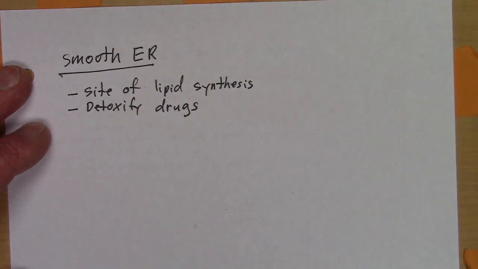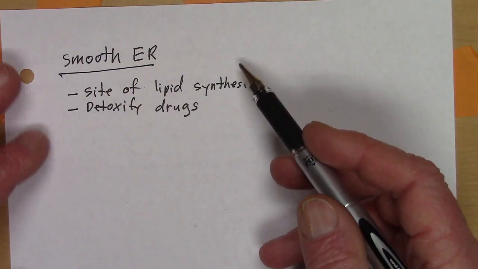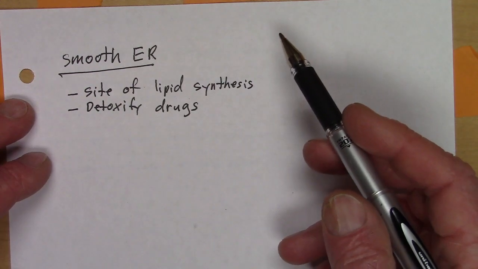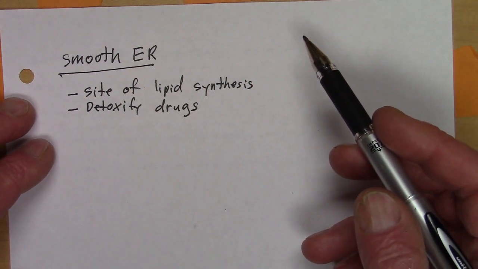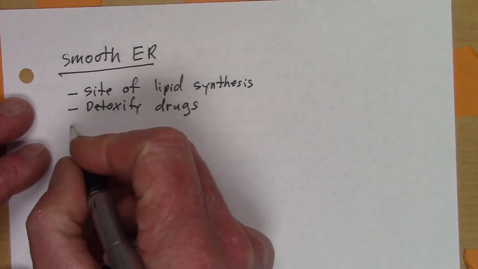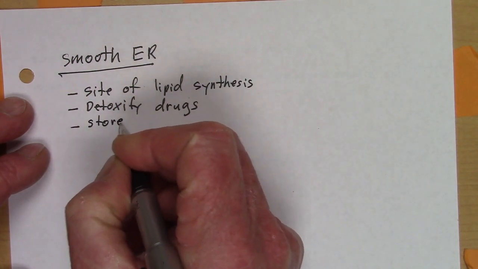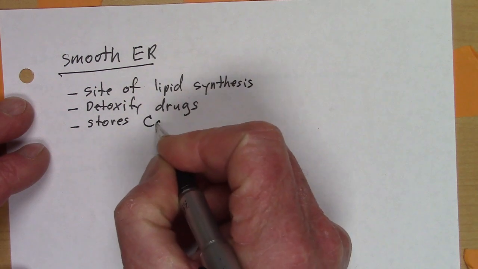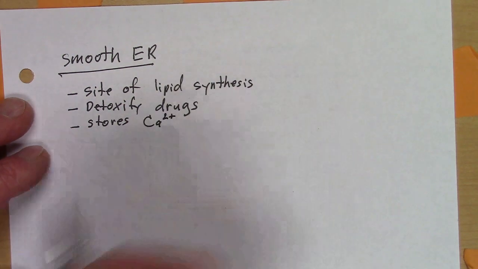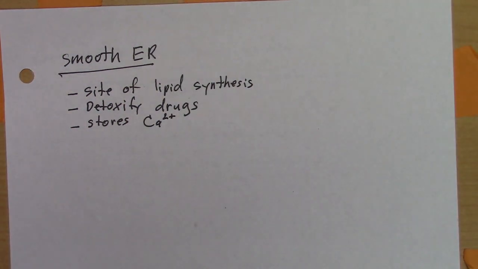Other cells that don't do so much drug detoxifying or aren't making that many lipids, their smooth ER is reduced. The smooth ER can also store calcium. So it stores calcium ions inside the smooth ER. We'll talk about that a good deal next quarter when we look at how muscle cells store calcium.